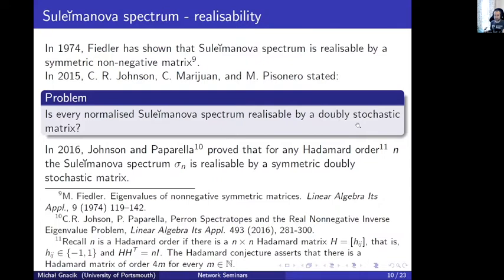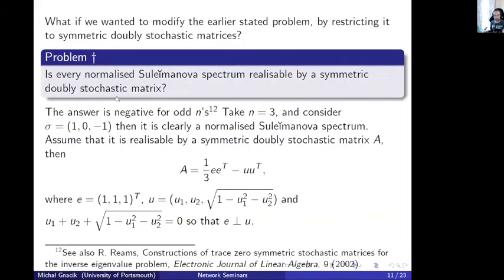There was a reason I put it here, since Johnson and Paparella actually got a symmetric doubly stochastic matrix. This problem has a negative answer, and I only stated it in the presentation so that people can see that it does not hold.